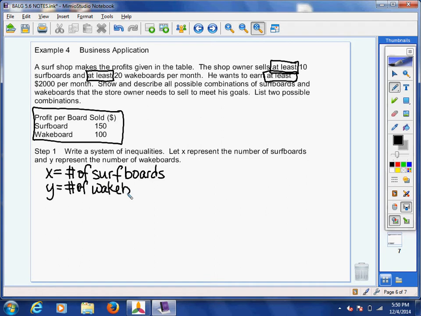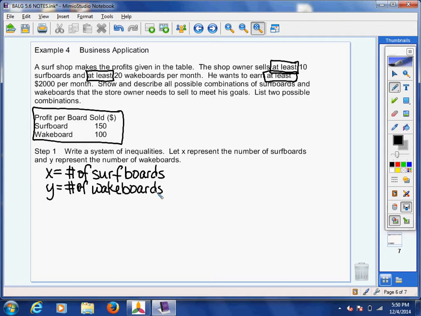All right, I'm just reiterating it in case you're not reading with me. Okay, so the first thing we want to do is write a system of inequalities. Now, a mistake that some of you are going to make is you're going to think, hey, there's only 2 inequalities here. And you would be wrong. There are 3 inequalities here.